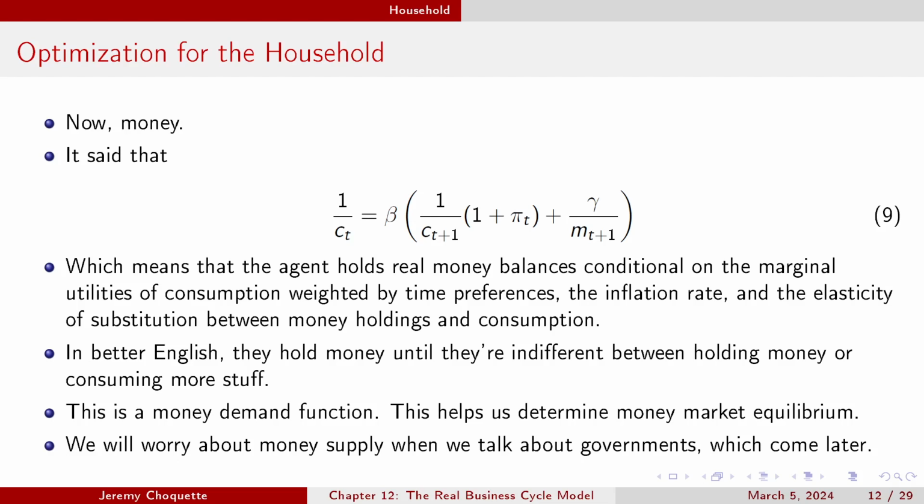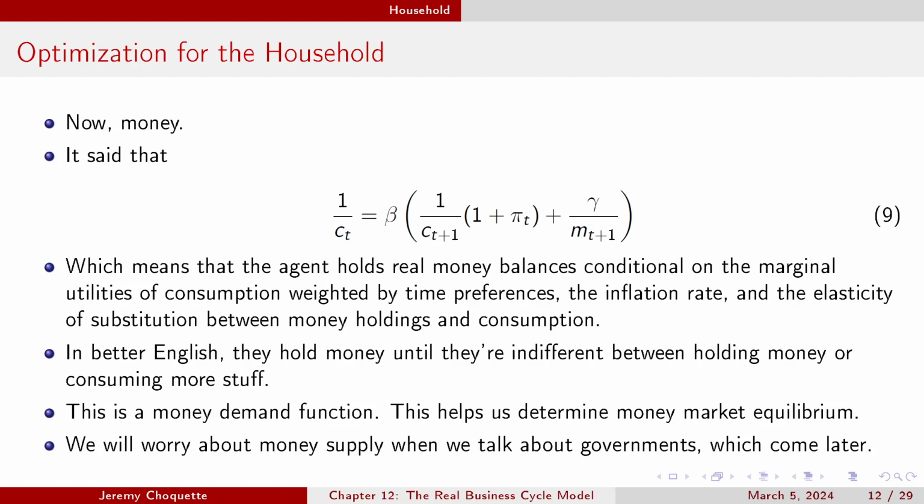Now, you might be going like, all right, well, what is that? What is this whole money thing? You kind of know what money is. Don't worry. We're going to be learning a little bit more about money later on in the semester. But right now, just think of this as how useful money is to us. And this MT plus 1, just like capital and just like bonds, it's a state variable. So MT was chosen yesterday.